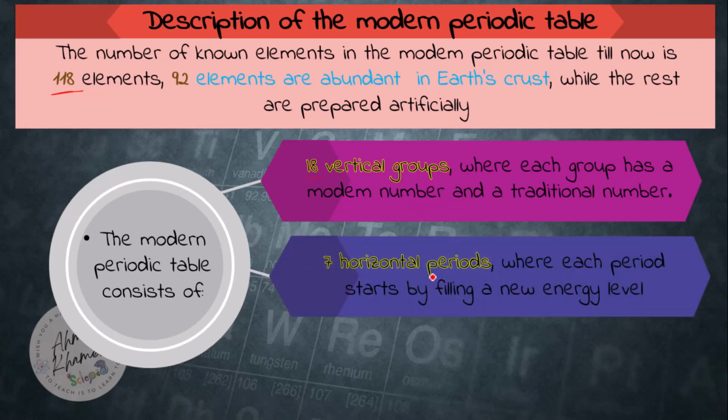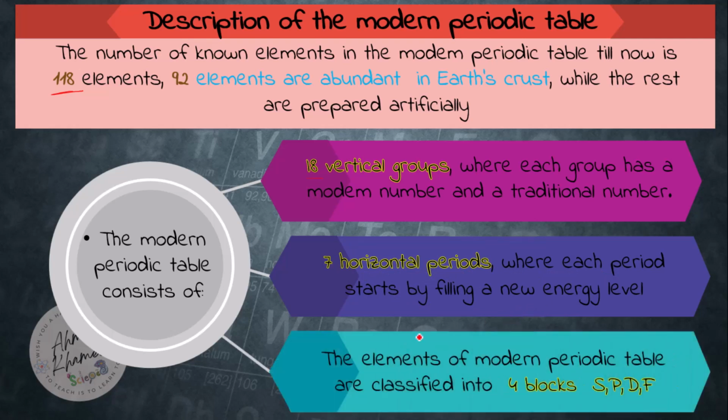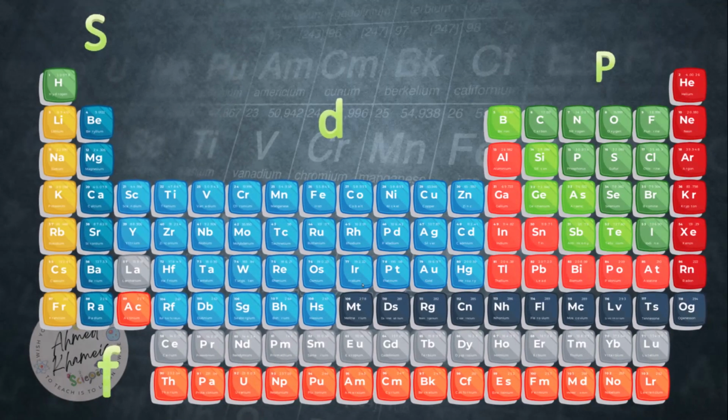It has 7 horizontal periods, where each period starts with the filling of a new energy level. And the elements of the modern periodic table are classified into 4 blocks: block S, P, D, and F.